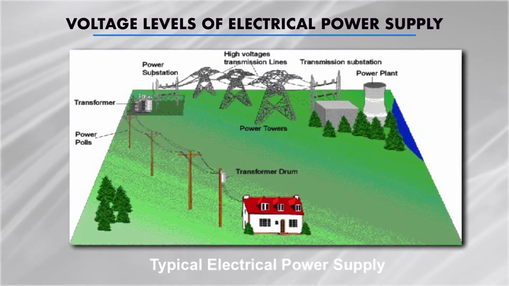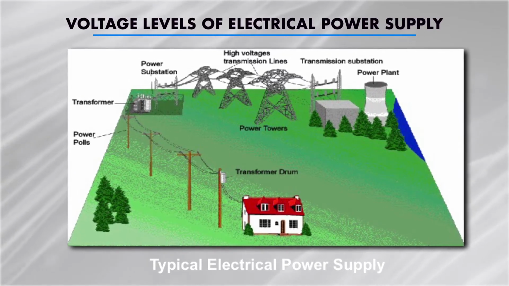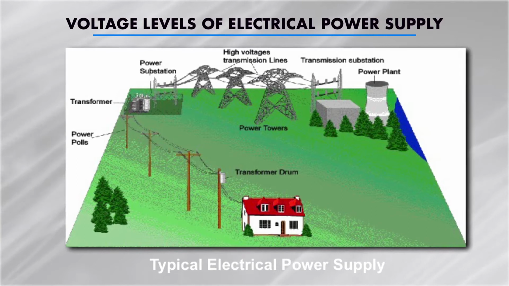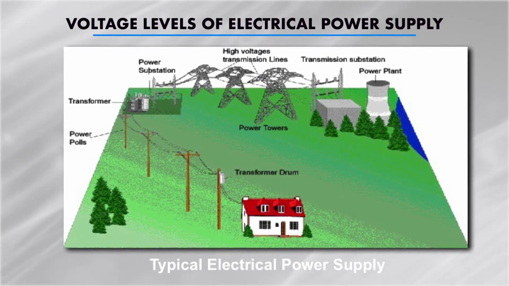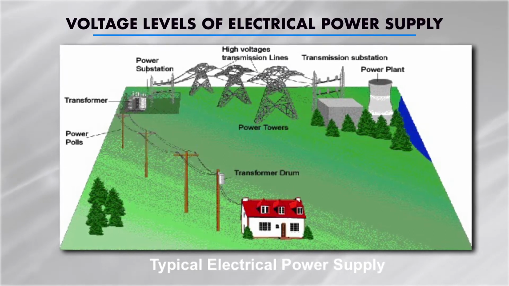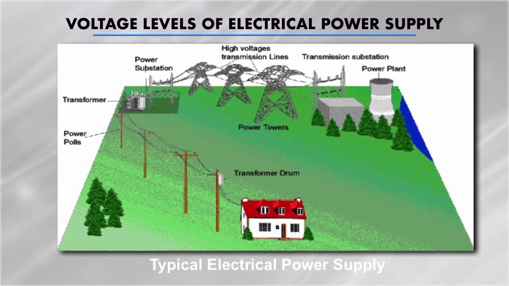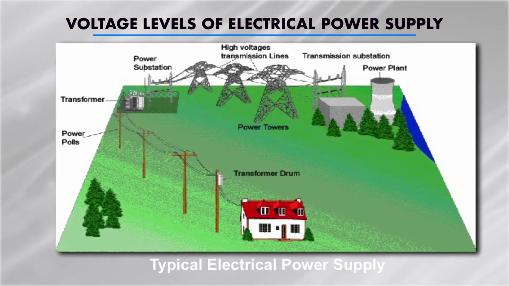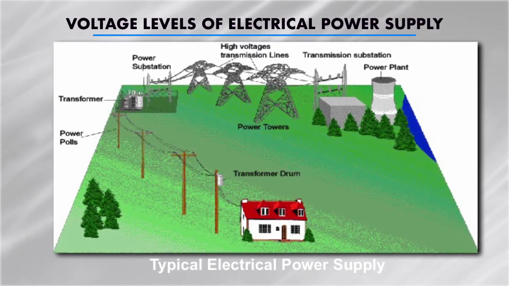Then there are substations, which are part of the electrical power transmission and distribution system, where the voltage is transformed to lower levels for distributing power to the end users. Power is transmitted at very high voltages. Why? Because it reduces the losses.